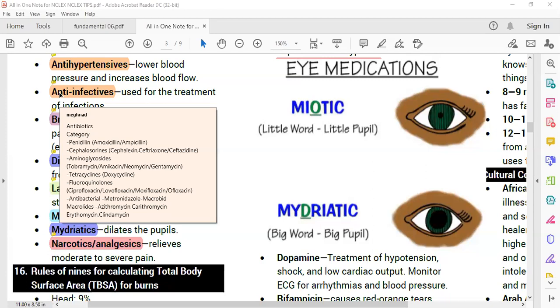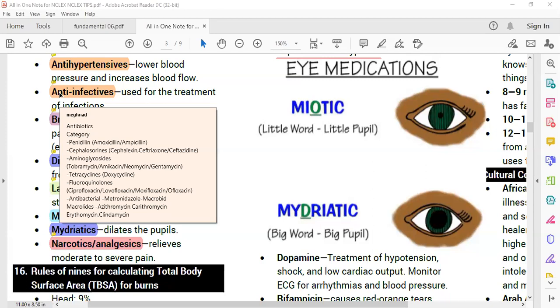The third group of drugs we wrote here, cephalosporin, right? Cephalosporin, basically examples are cefazolin or ceftriaxone. Cephalosporins are very strong against gram-negative bacteria.